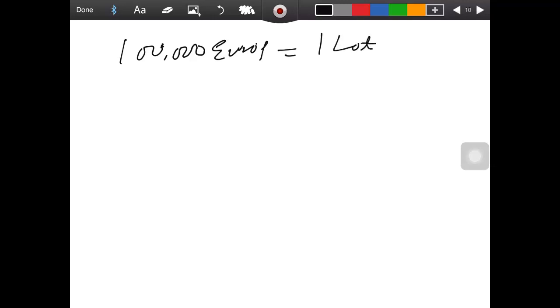Margin is equal to notional value divided by leverage. I'm writing very fast to save time.